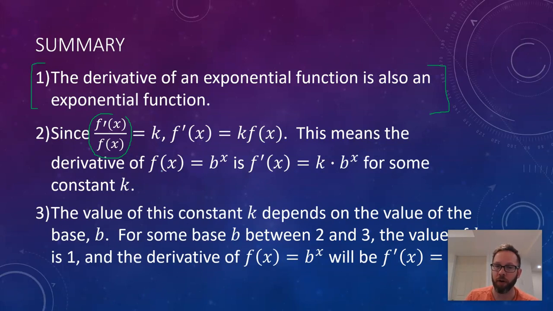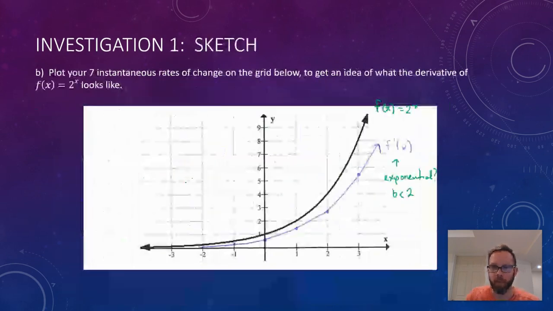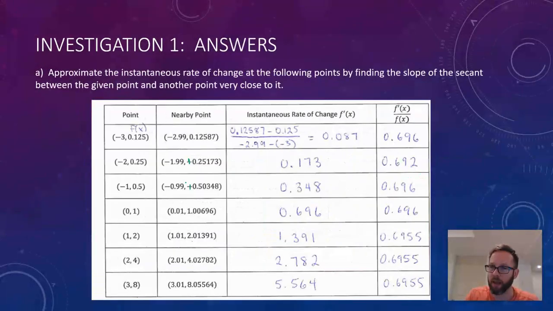So if the original function is b to the power of x for some base b, the derivative of b to the power of x is some constant k times b to the power of x. That's what we've shown since that ratio is constant. And that value of k is different for different values of b. We saw, if I flip back, for 2 to the power of x, the value of k is about 0.696.